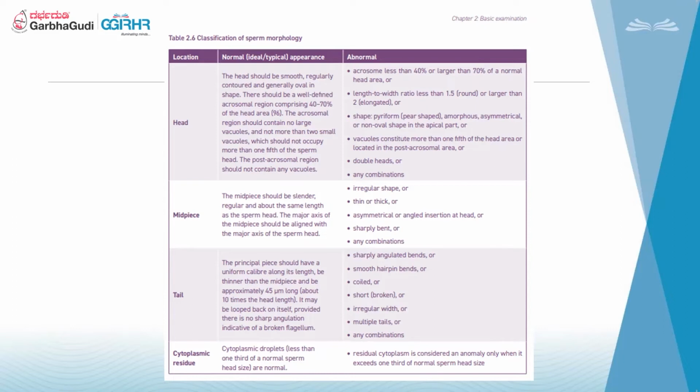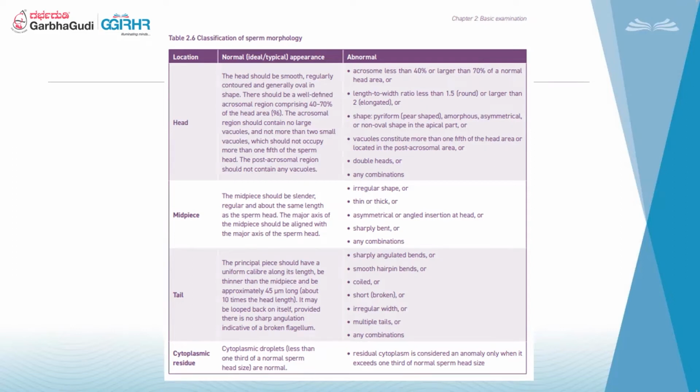And there should not be any vacuoles present in the head. Sometimes vacuoles are like small air pockets that can be seen in the sperm head, in the acrosomal or post-acrosomal region, and that cannot be counted as normal. So everything, right from the shape to the contour to the acrosomal region, is noted down.